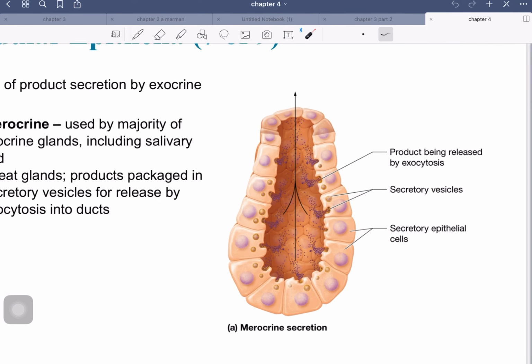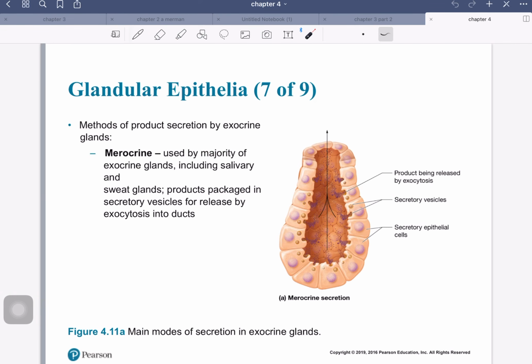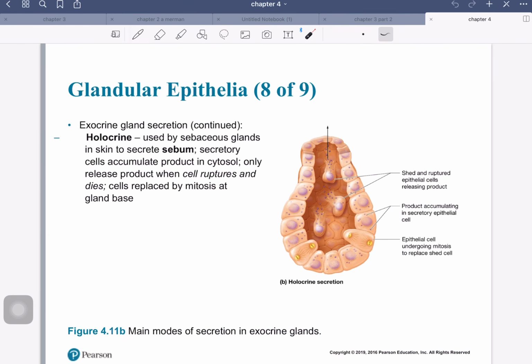We can see this in merocrine. Inside these cells, I'm making the product, putting it into vesicles, the vesicles are brought to the edge, and then the vesicles release their contents into the ducts here. So it's a type of exocytosis.